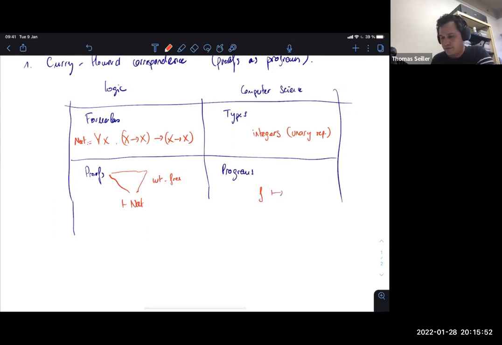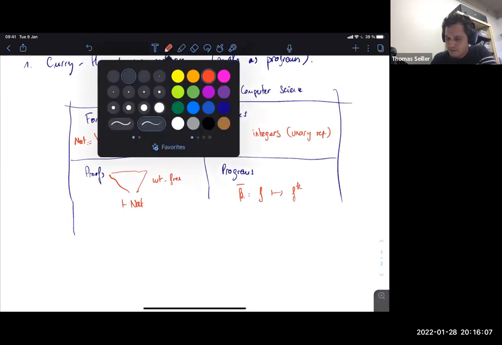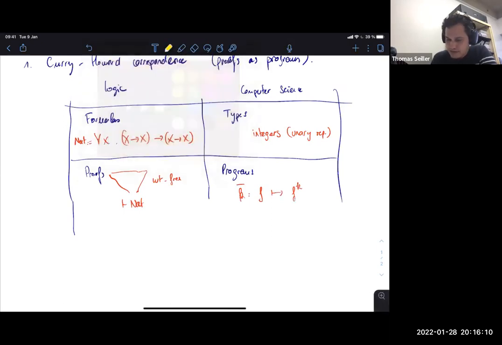These are programs that take a function f and give you f to the k for a given k. And this will be how you represent integers, right? You can see that in the formula corresponding to natural numbers, you have x implies x.